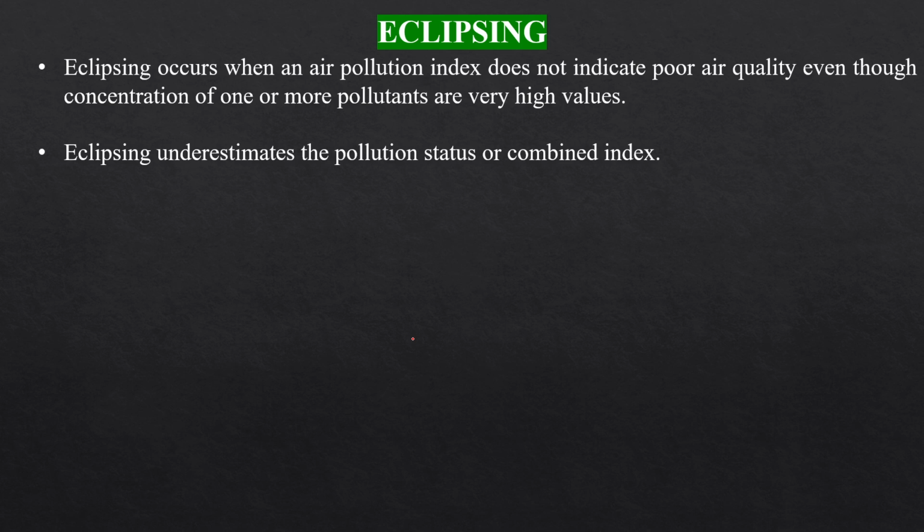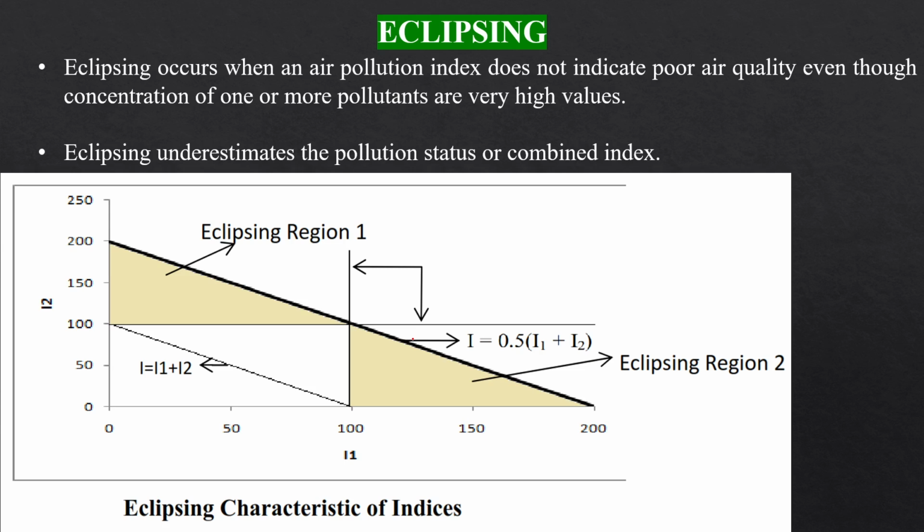But if we take half of I1 and I2, and if I2 is 60, let's say, and I1 is 120, then you can see that the overall I would be 90. 60 plus 120 is 180, and divided by 2 is 90.